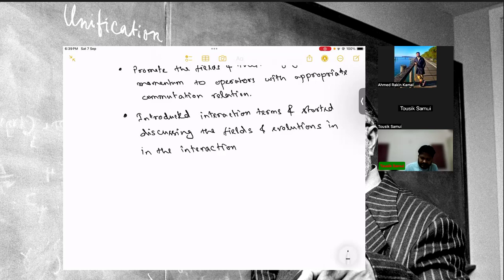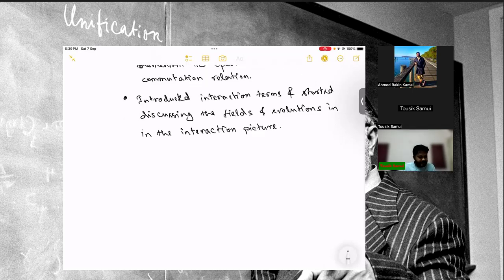And then we saw that in this interaction picture, the thing that appears very naturally is the time ordered operators.